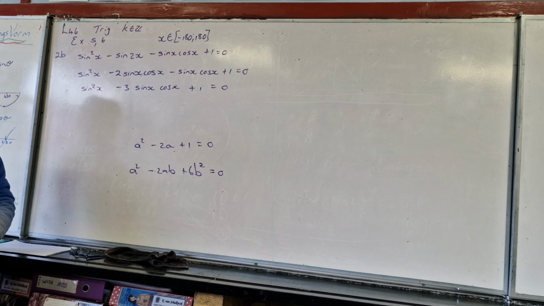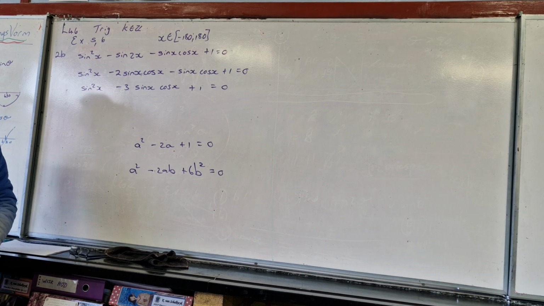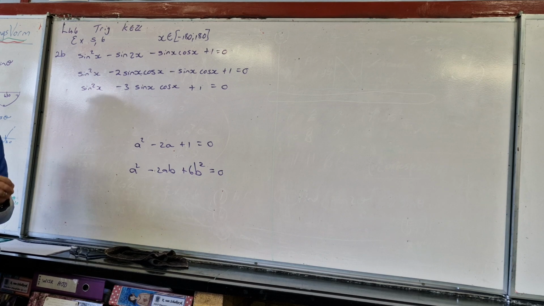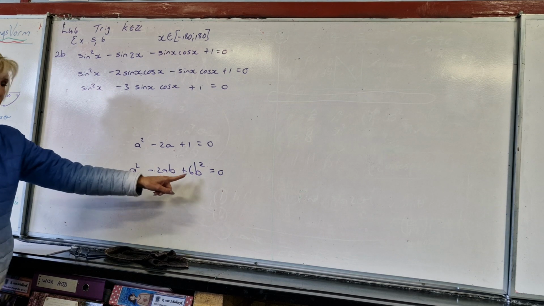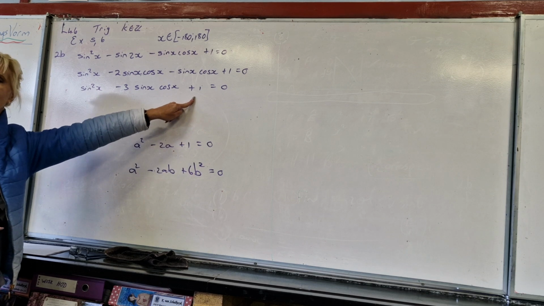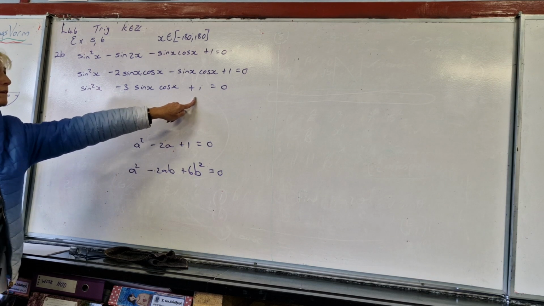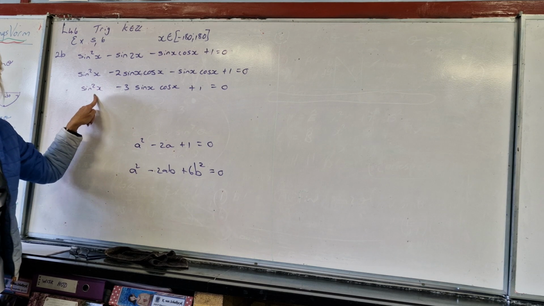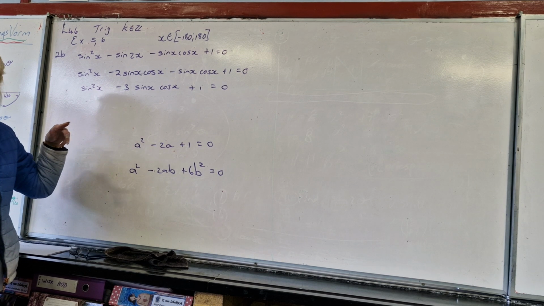So now what? Now, problem with the sum. You can't do it. What do you need? What do you need at the back? A cos square. So how is it just going to appear?